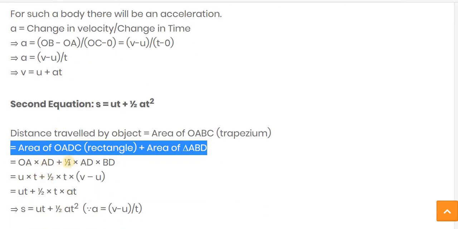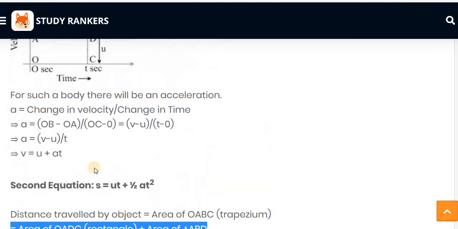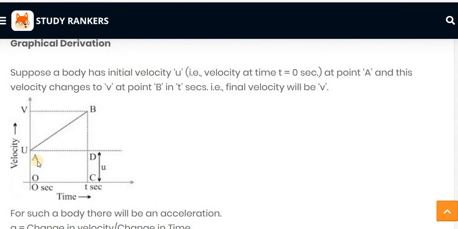Here you can see 1/2 as it is, AD is the same t, into BD, that is the final velocity minus initial, where OB, which is parallel to BC, is the final velocity.